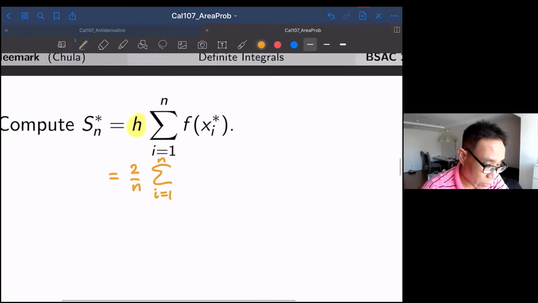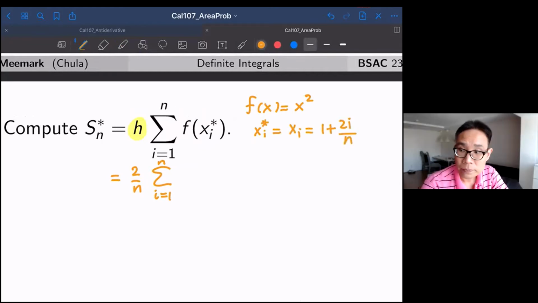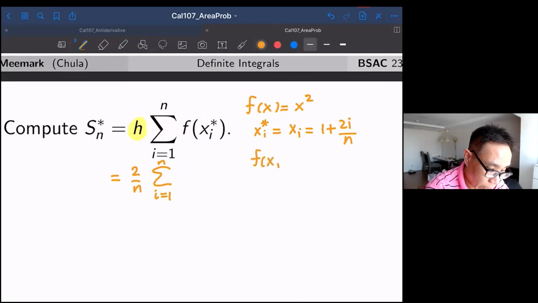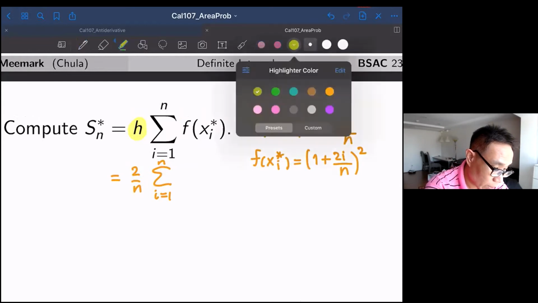So you have f(x) equal to x squared, xi star equal to xi equal to 1 plus 2i over n. Okay, so you're going to have f of xi star equal to (1 plus 2i over n) squared. Okay, so that is my f of xi star that I will put here.